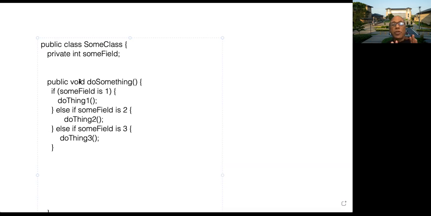And this could be a pretty major behavior of this object. So the behaviors are different depending upon some field. If that is the case, it is time to refactor this. How do you refactor this? Well, there are three behaviors in this example, right? Do thing one, do thing two, do thing three.